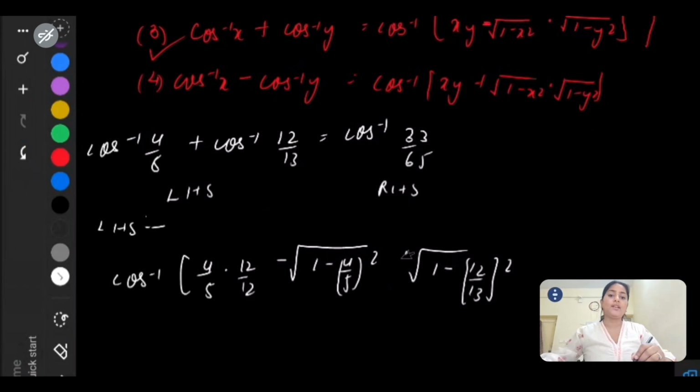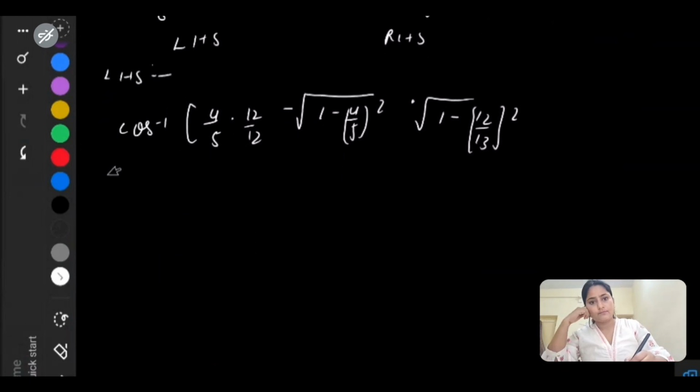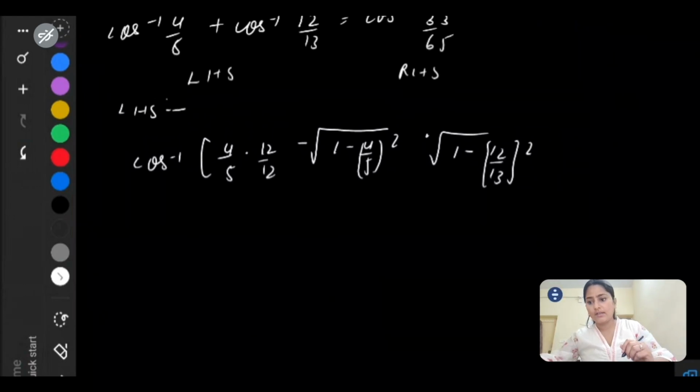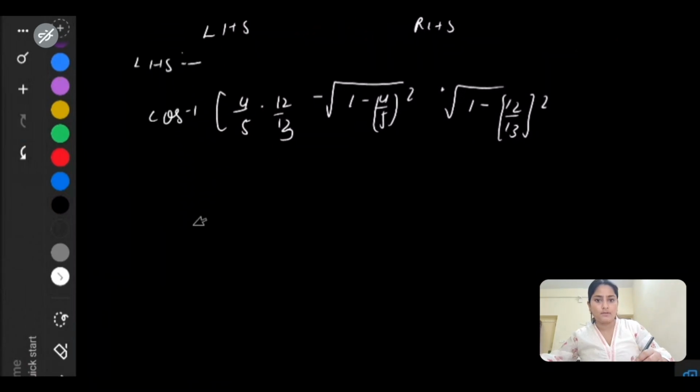Now we have put in the values, and we'll solve one by one.